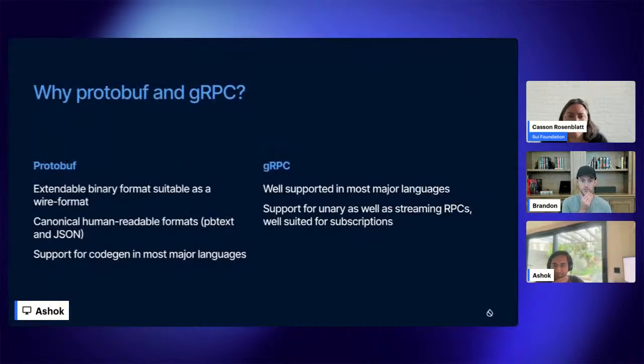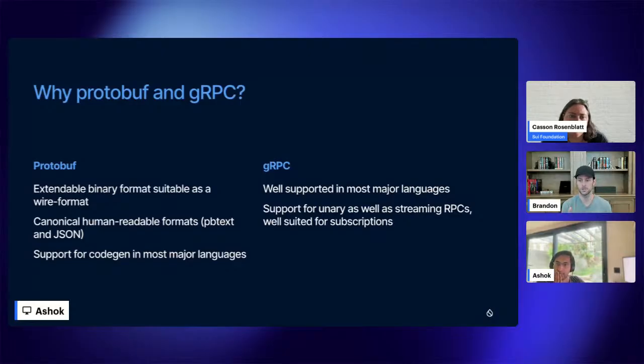So why did we choose protobuf and gRPC as opposed to just implementing a new JSON RPC API v2? There's a couple of reasons for this. One, protobuf is a very extendable binary format. Sui is a high performance chain, and there are some clients who want to limit as much latency as possible.